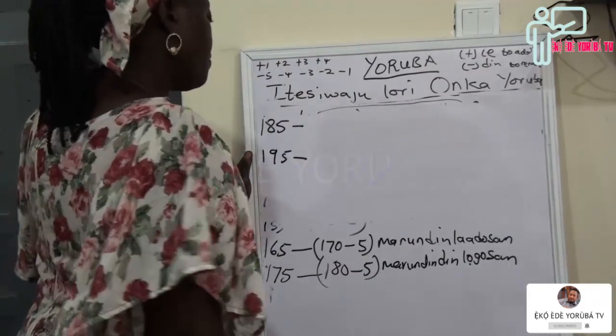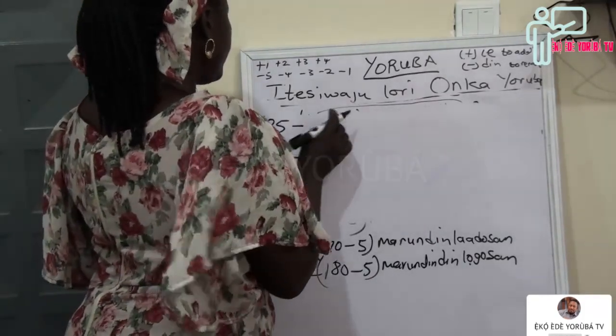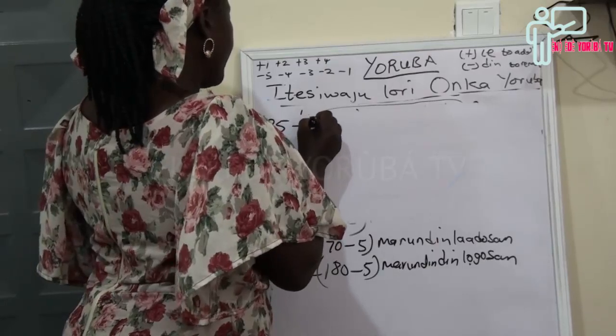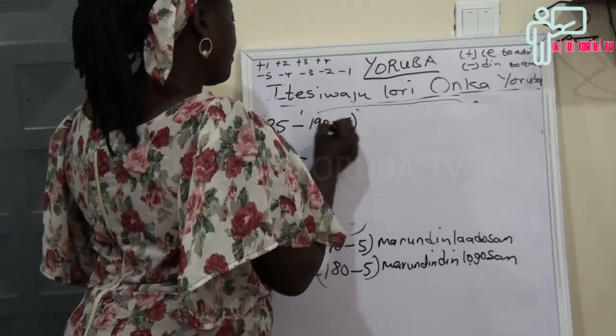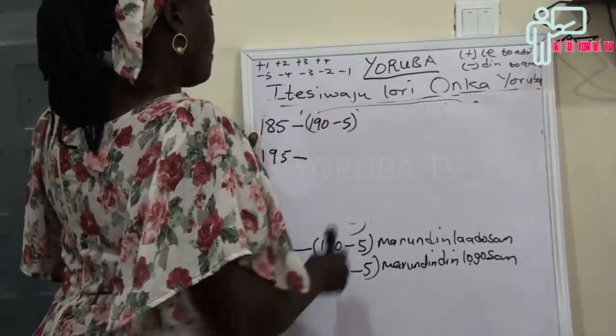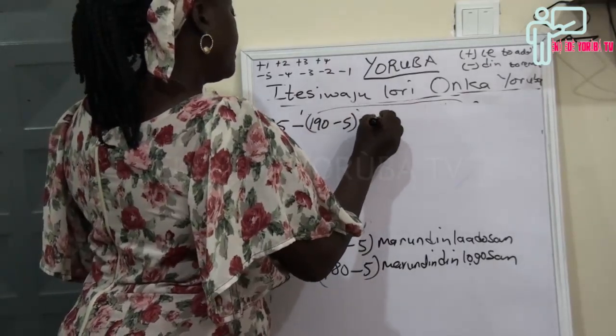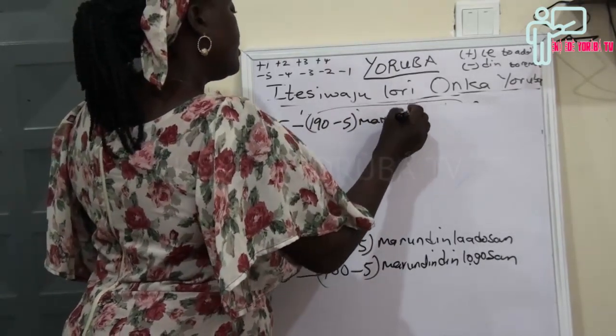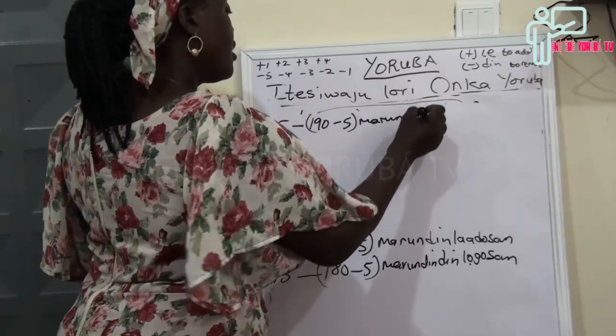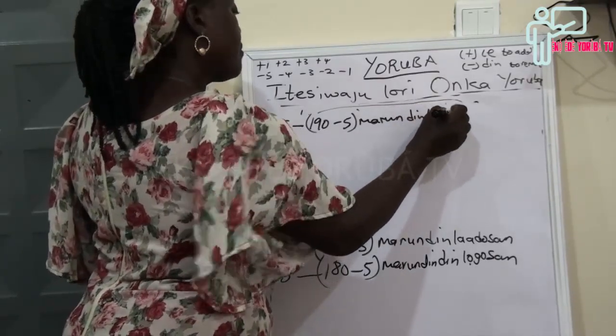Will now be 190 minus 5. Márùn-ún dín láàdọ́wàá.